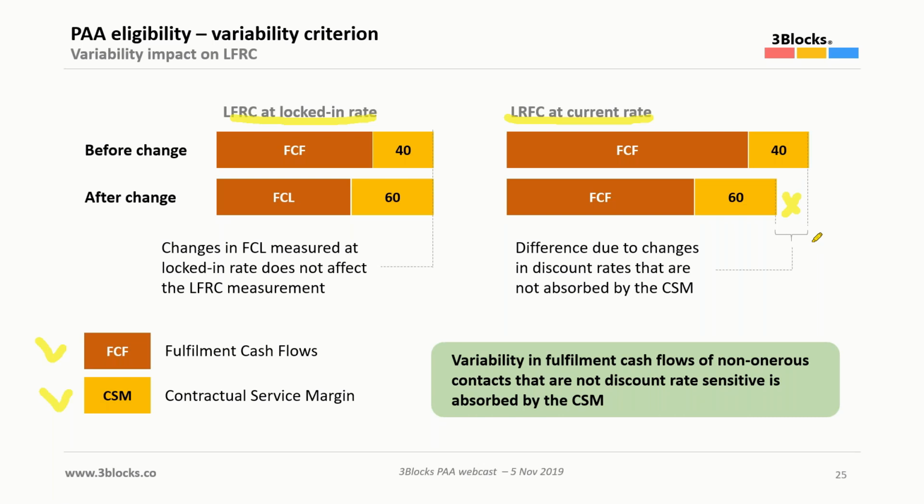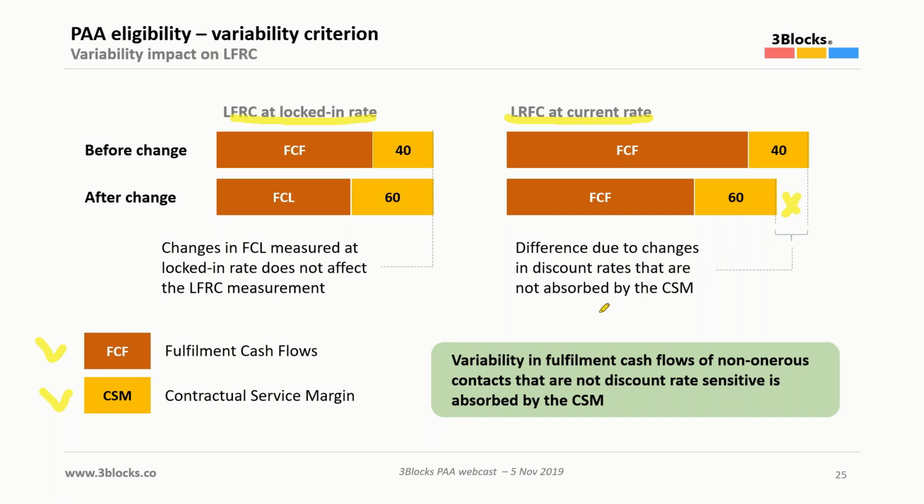However, in case of many products where the PAA is considered as an option, the sensitivity to discount rate is limited. So in these cases, CSM would still absorb most of the fluctuations, considering materiality.